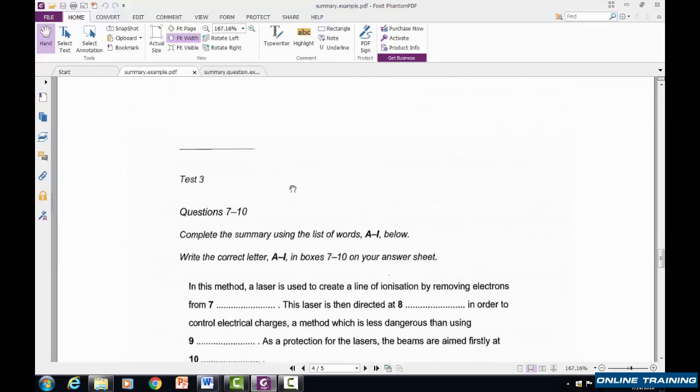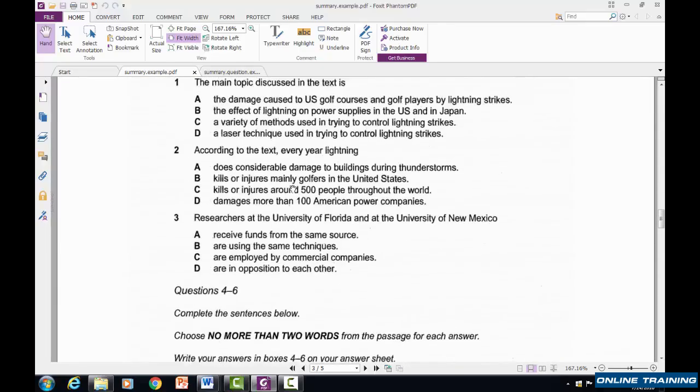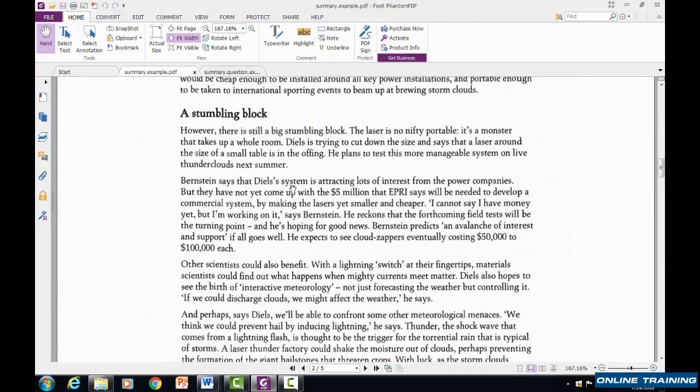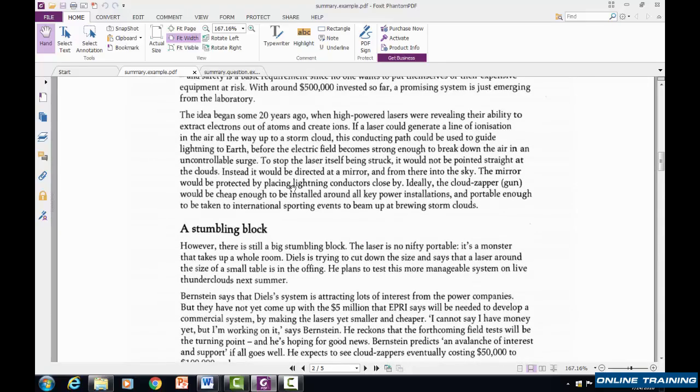To control electrical charges. Okay. Right, so if a laser could generate a line, oh, here it is right here. A line, that means direction. A line of ionization in the air all the way up to a storm cloud.